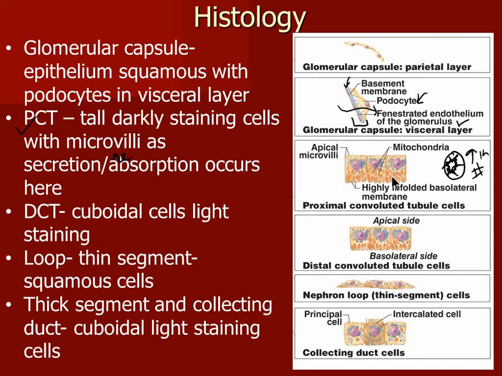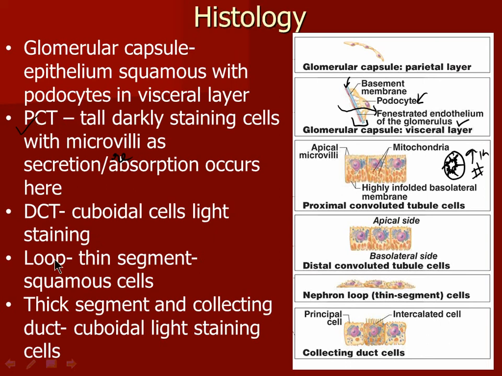Distal convoluted tubules are fewer in number and usually have cuboidal cells, so the lumen is much larger, and they are usually clearer and light staining, because they don't have that many mitochondria, Golgi and rough endoplasmic reticulum. Even here you have reabsorption and secretion, but most of it occurs in the proximal convoluted tubule.